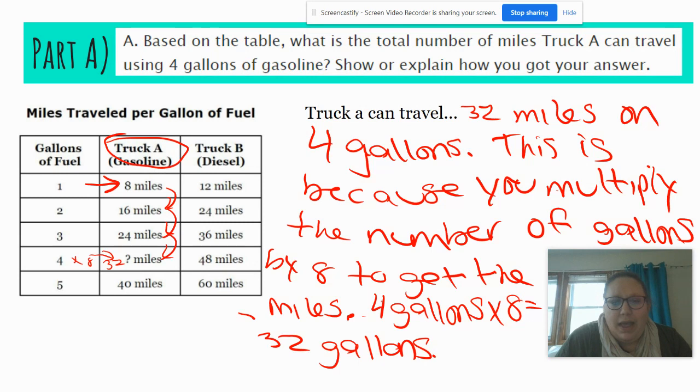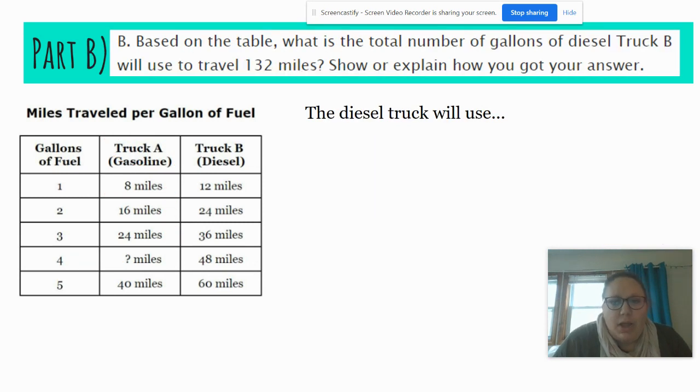All right, let's take a look at part B. Based on the same table, what is the total number of gallons the diesel truck can use to travel 132 miles? So if we see here, to go from the gallons to truck B, it's times 12. 1 times 12 is 12. 2 times 12 is 24. Or we can work backwards and divide by 12.